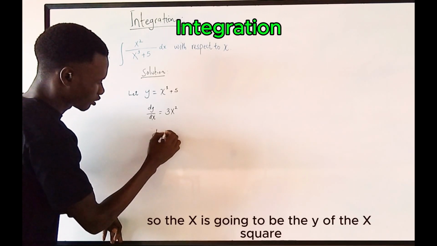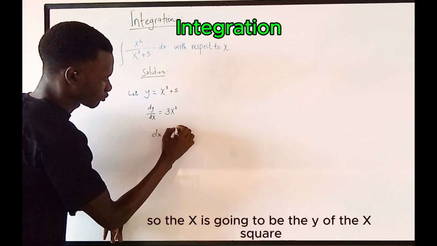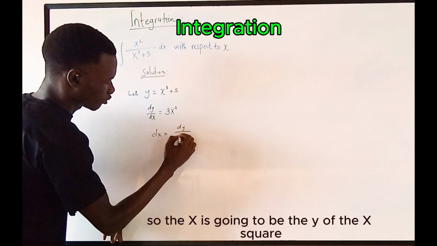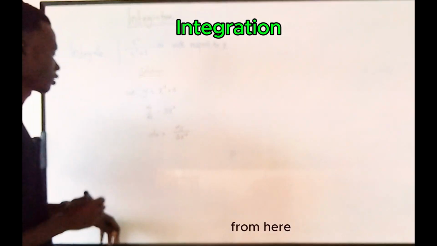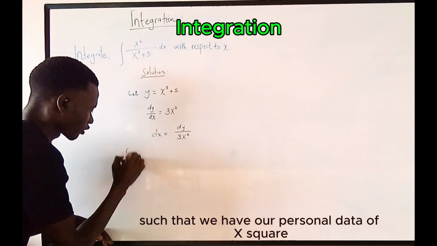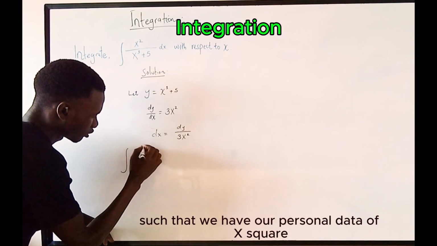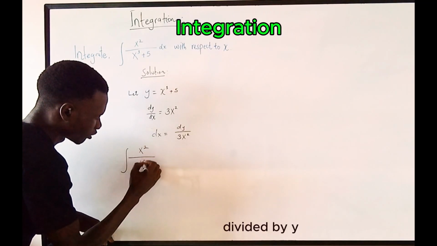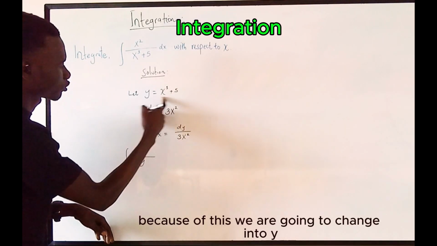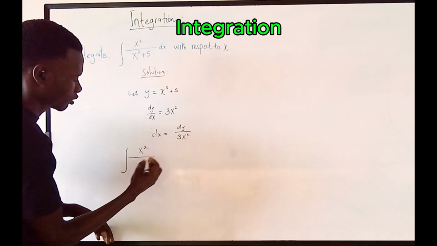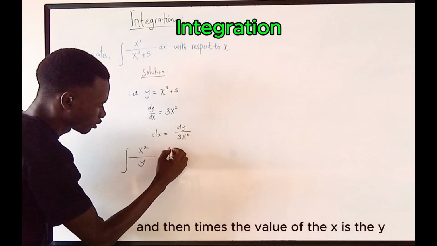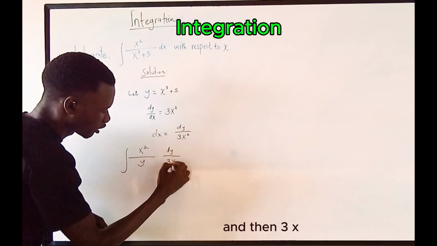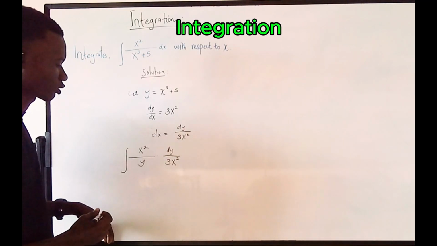So dx is going to be dy over 3x squared, such that we have our question as the integral of x squared divided by y. Because of this, we change it to y, and then times the value of dx, which is dy over 3x squared.